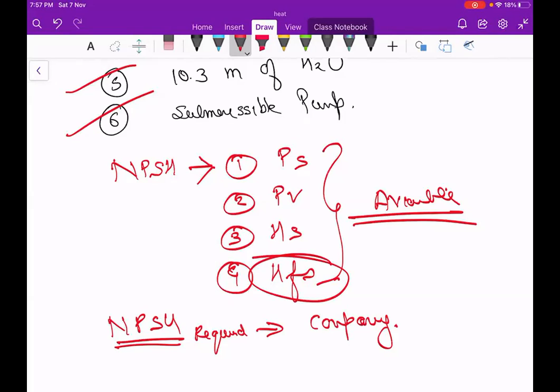Yeah, mostly theory questions are asked in GATE, and from the last 9 or 11 years, there is no question from the design in GATE. Yeah, compressors I will tell you, I will give you a short note on compressors.